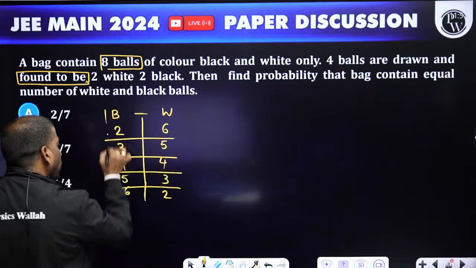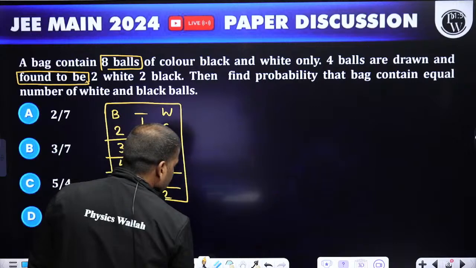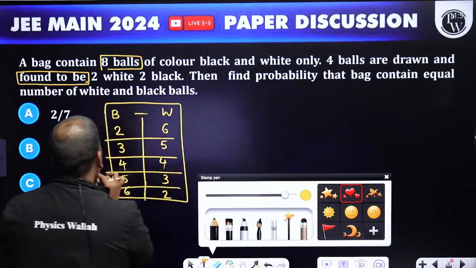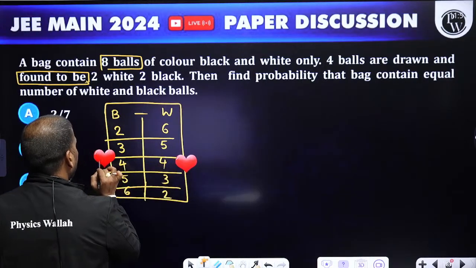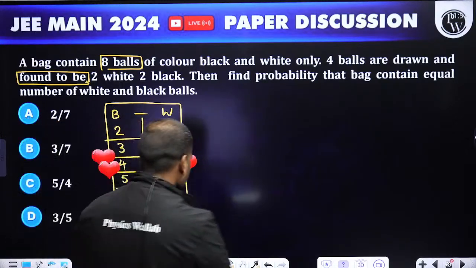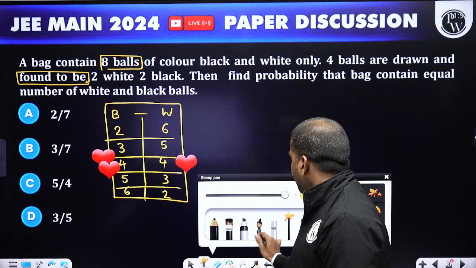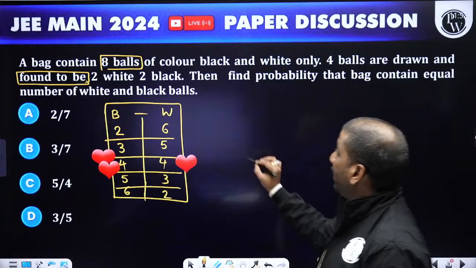But what is the favorable case here? This is our favorable case. 4 and 4 is the favorable case. Now what do we need to write here? Conditional probability.